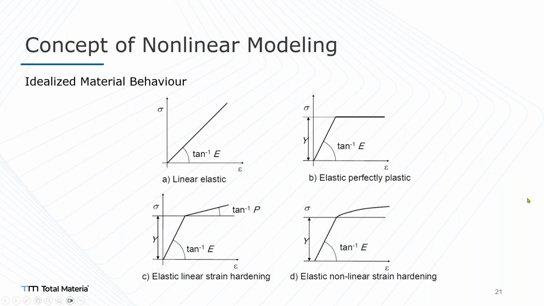Yeah. So we have it in here for idealized material behavior, but I want to really talk about the elastic perfectly plastic section, because when we talk about the implicit analysis, the elastic perfectly plastic materials could cause convergence issues, because, as you can see, there is no tangent stiffness in the elastic perfectly plastic.